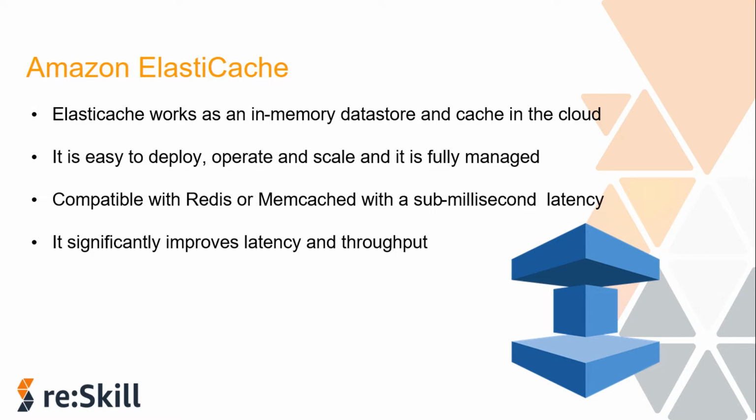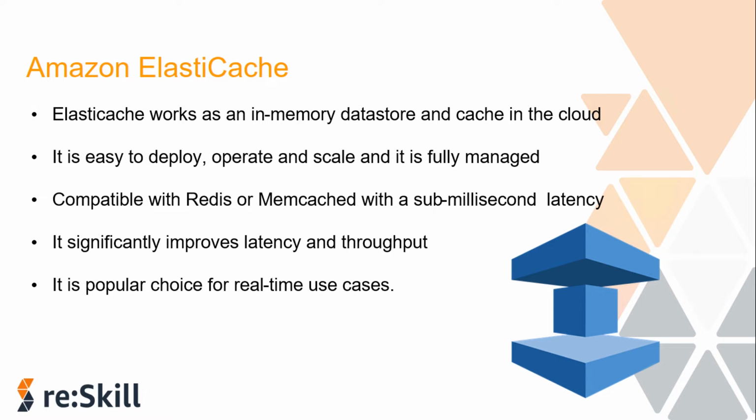Also, Amazon ElastiCache is a popular choice for real-time use cases like caching, session stores, gaming, geospatial services, real-time analytics, and queuing. It offers fully managed Redis, which was voted the most loved database by developers in the Stack Overflow 2020 developer survey, and Memcached for your most demanding applications that require sub-millisecond response times.